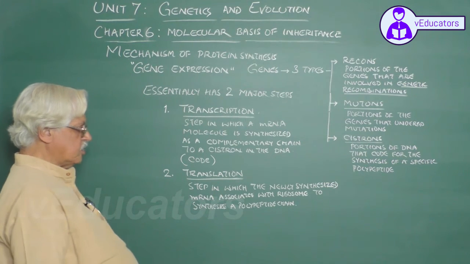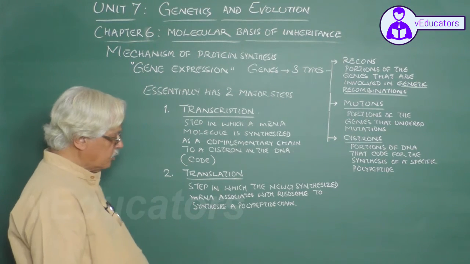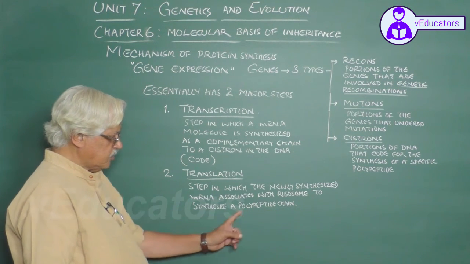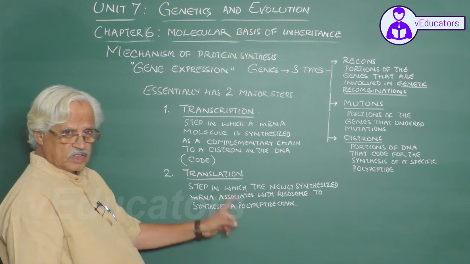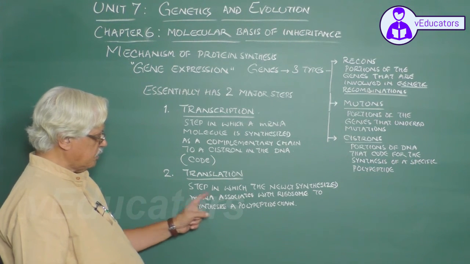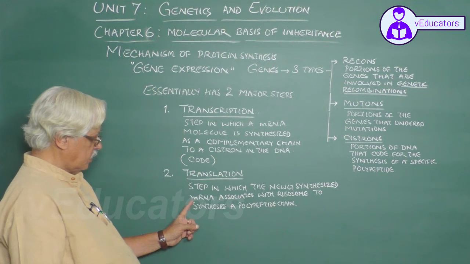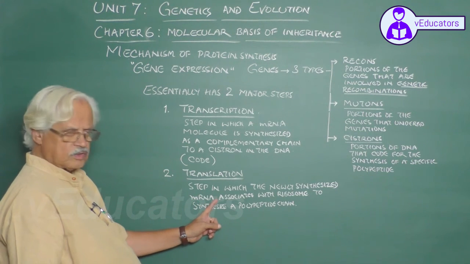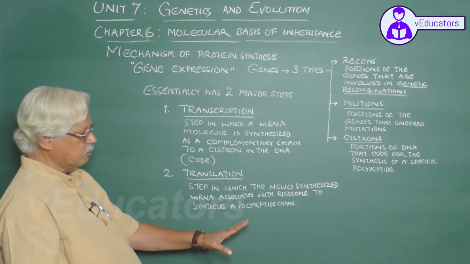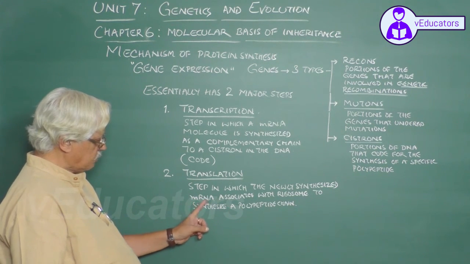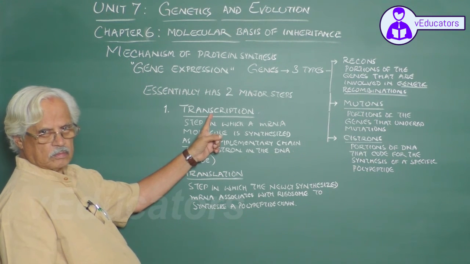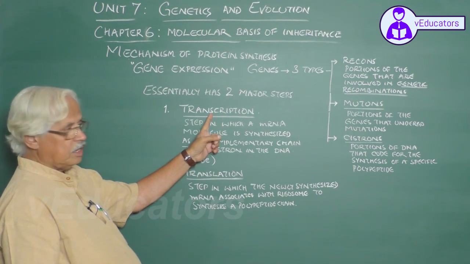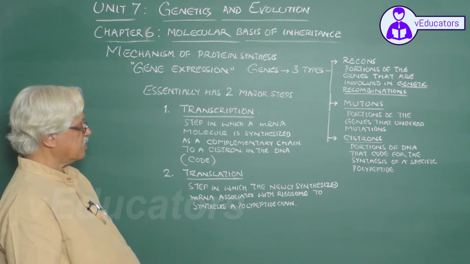In this polypeptide chain, the sequence of amino acids will be decided by the sequence of codons in the mRNA molecule. This sequence of codons in the mRNA molecule has been decided by DNA during transcription.